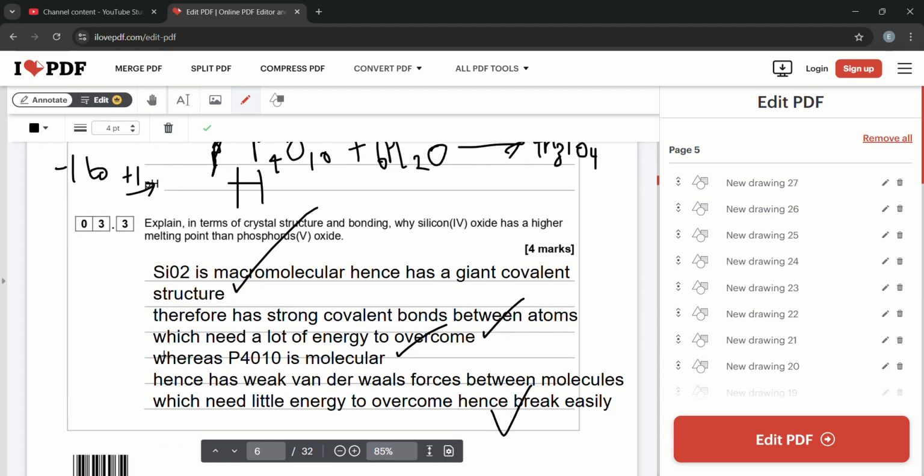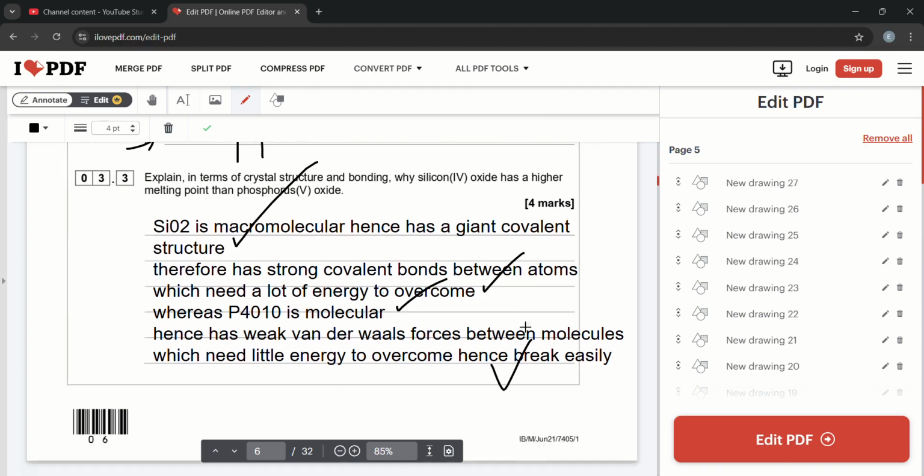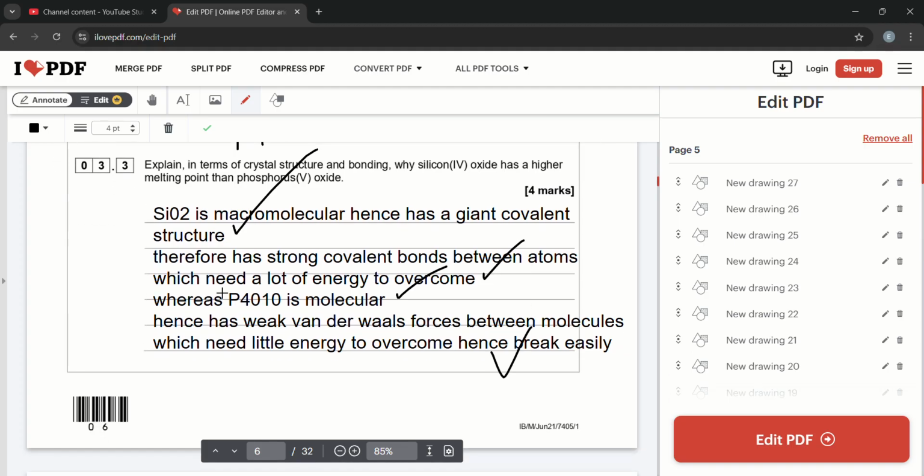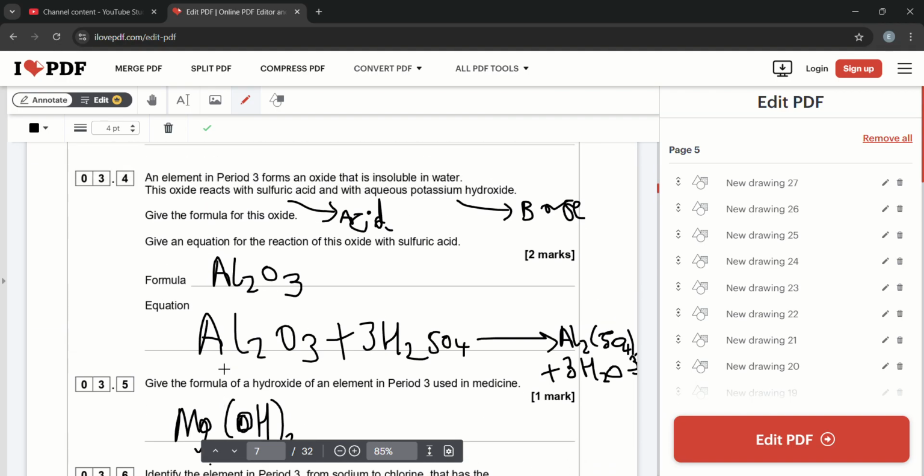And then this one's a really nice question. Silicon dioxide is macromolecular and has a giant covalent structure, therefore strong covalent bonds between atoms which need a lot of energy to overcome, whereas P4O10 is molecular, or we could say simple covalent molecule, hence has weak van der Waals forces between molecules which need little energy to overcome, hence break easily.